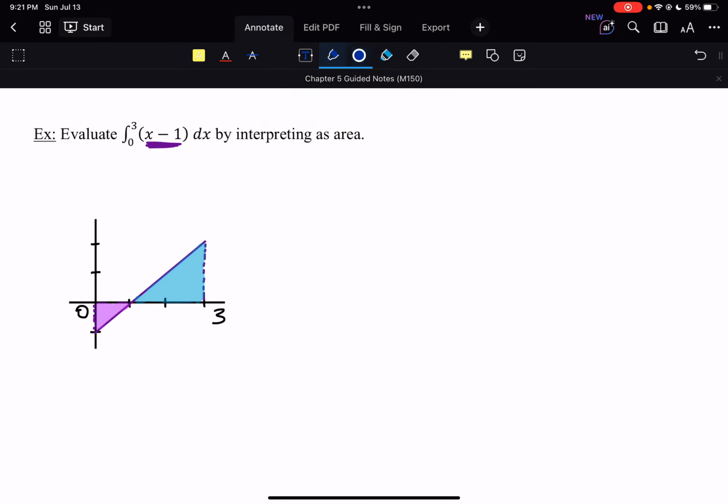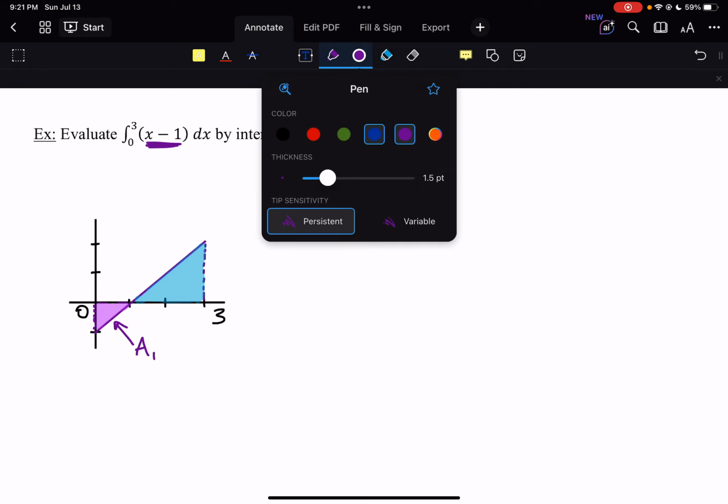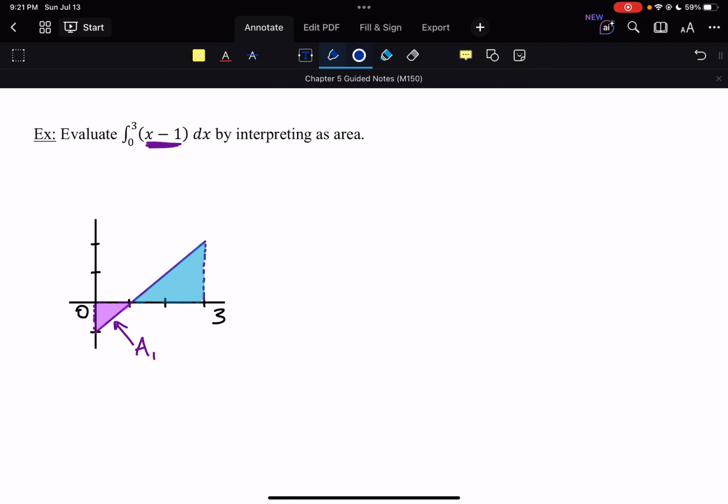So now when it comes to counting these, I'll call the area down here A1 just because it comes first, but it doesn't really matter what you call them. I'll call that A2.